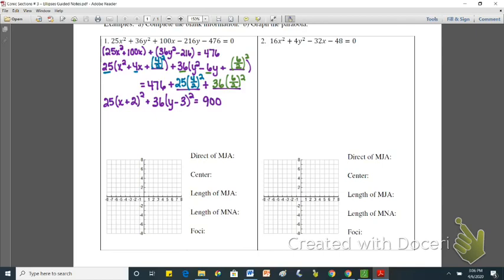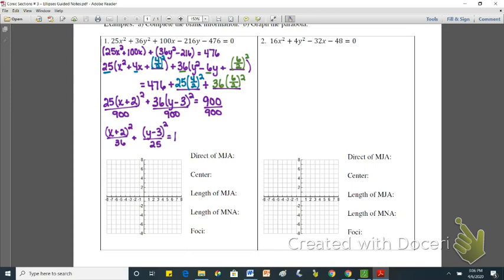So, like I said up above, this is not in standard form until I get it equal to 1. So I'm going to divide everything by 900. When I do, I'm going to get x plus 2 squared over 36 plus y minus 3 squared over 25 equal to 1.